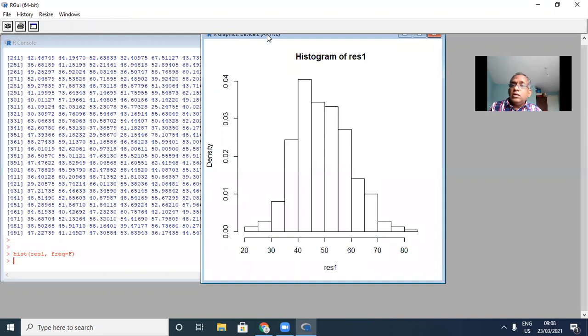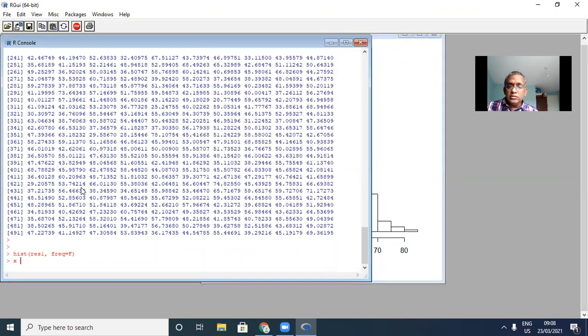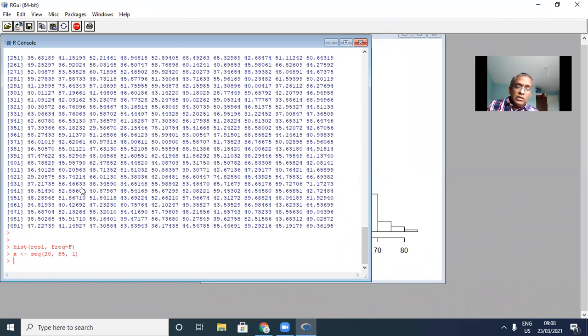So what I have drawn here is the histogram of the simulated data. The x-axis goes from 20 to maybe 85. So let's define x to be a sequence from 20 to 85 in steps of 1. Now I'm going to define y as the density of the chi-squared, so it's dchisq at x with degrees of freedom equal to n-1.